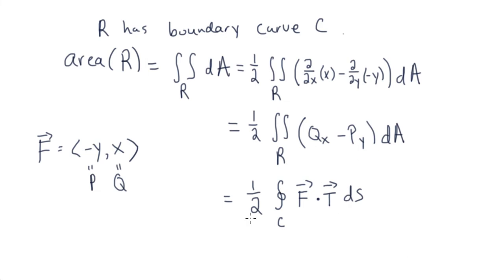And that is super cool, because I could have some arbitrary region, but if I can better describe the boundary, all I have to do is this line integral over the boundary. And there are really interesting applications of this principle.